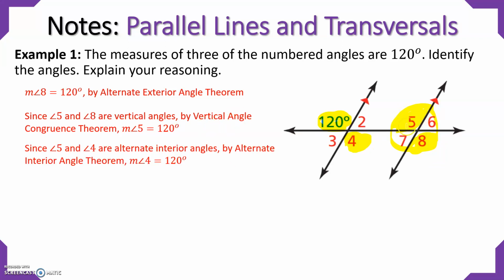And since 5 and 4 are alternate interior, these are congruent, and it's also 120 degrees. All right, the numbered angles that measure 120 degrees are thus angle 4, 5, and 8.